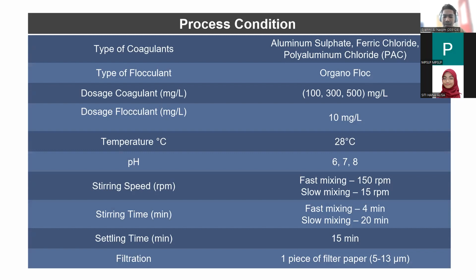Tapi coagulant dia ada optimum pH dia working. Faham doktor. Itu sebab saya cakap kalau saya pakai response surface methodology, saya dah tahu untuk aluminium sulfate berapa dia punya pH yang optimum. Untuk ferric chloride berapa pH optimum dia. Disebabkan saya tak buat RSM tu, saya ambil langkah selamat.